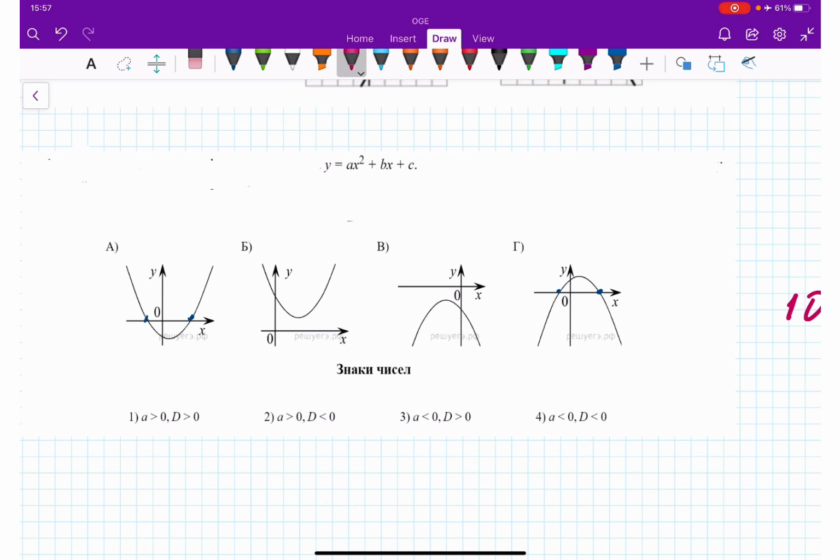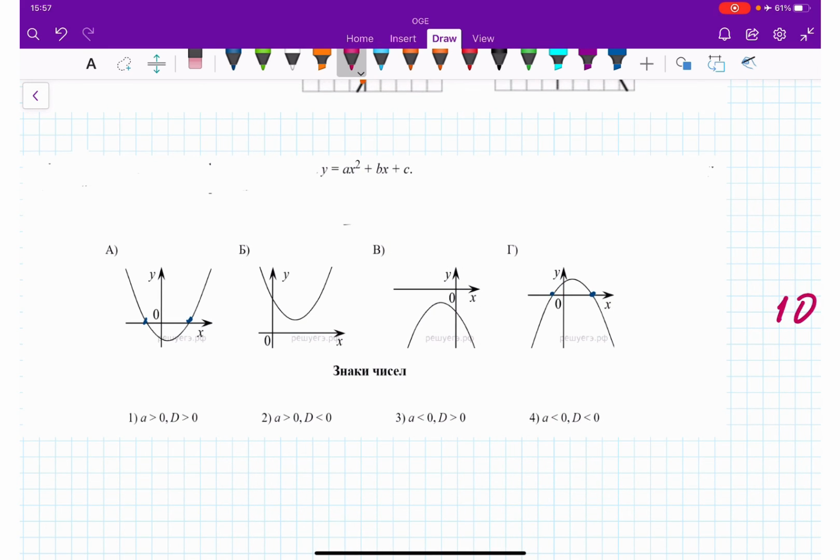For each graph, we need to match up the appropriate A and D. Let me remind you, A and D. For ax squared plus bx plus c, when we are solving a quadratic equation via discriminant, remember that x1,2 is equal to negative b plus minus square root of b squared minus 4ac, divided by 2a.